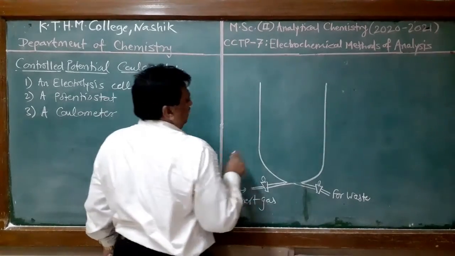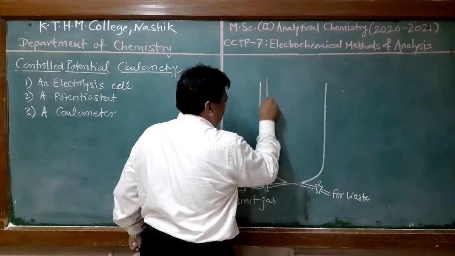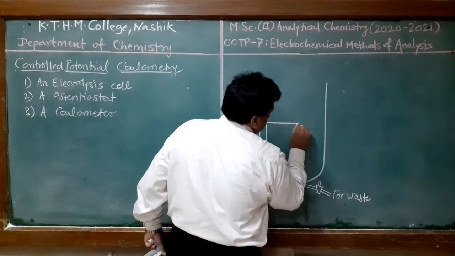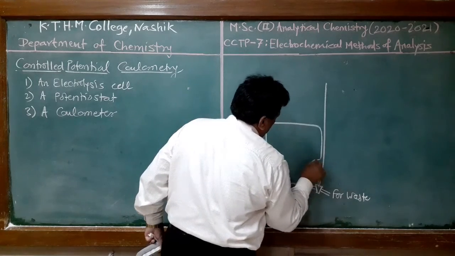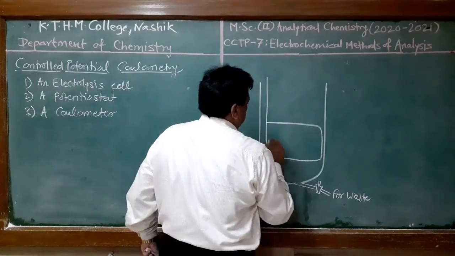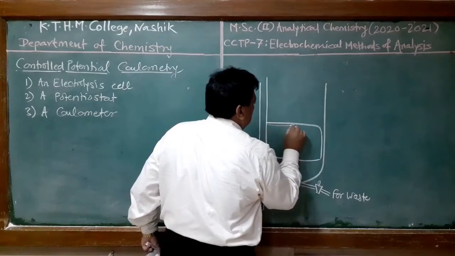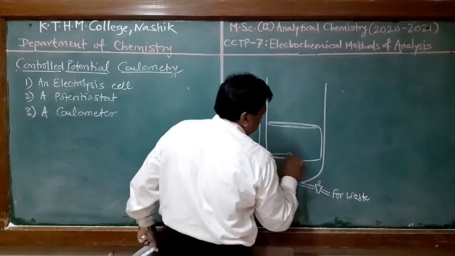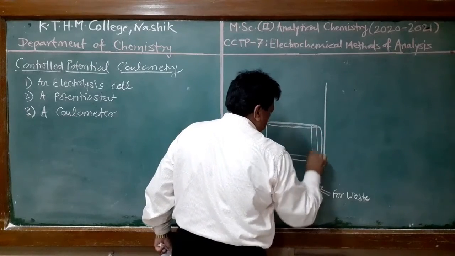Now this is a vessel in which a working electrode, generally made up of platinum, is placed in a gauze form in this way. Here gauze form is preferred because it gives more surface area for the electrolysis process.